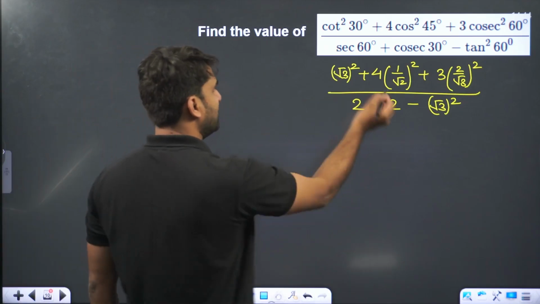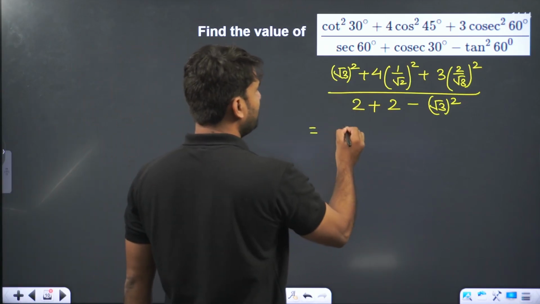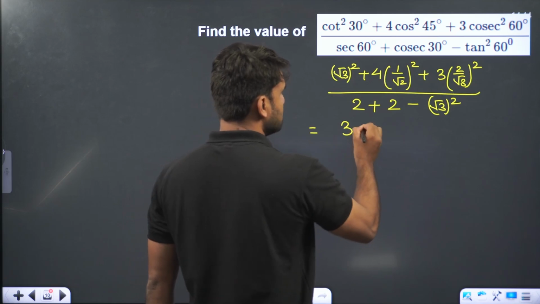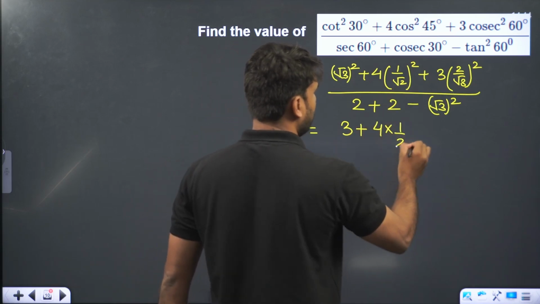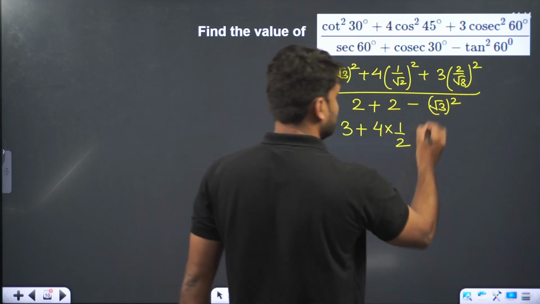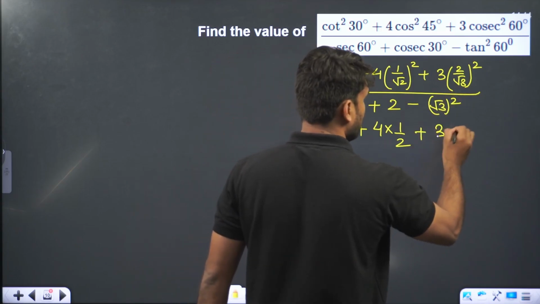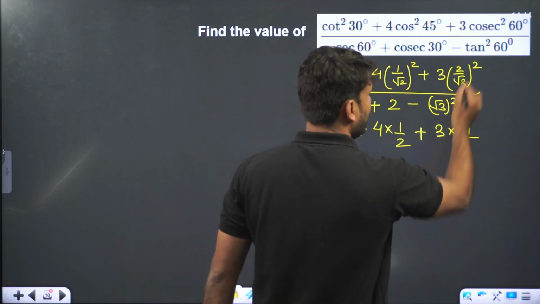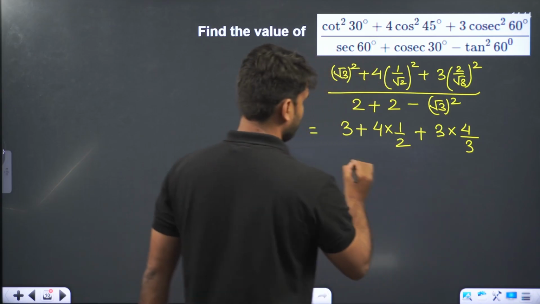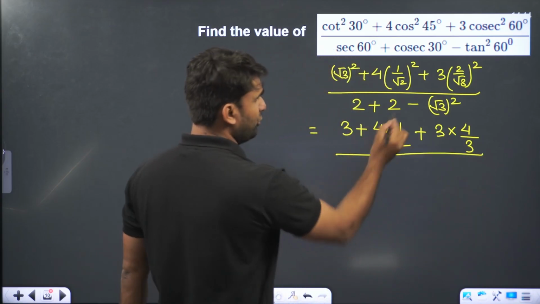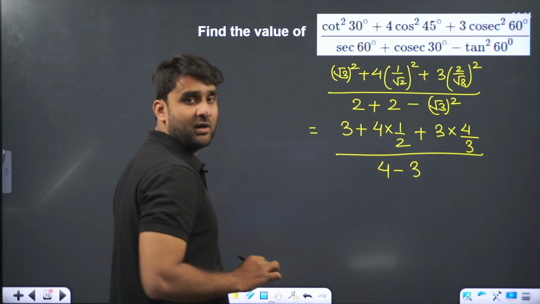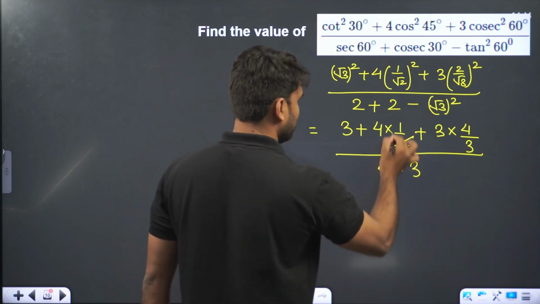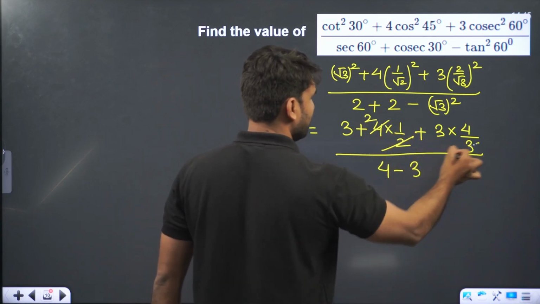Okay, so let's solve. Root 3 square will be 3. This is 4 into 1 by root 2 whole square will be 1 by 2. This is 2 square will be 4 and root 3 square will be 3. Here we have 2 plus 2, 4 minus root 3 square will be 3. Nice. Solve this. 2 will cancel this and 3 will cancel this 3.